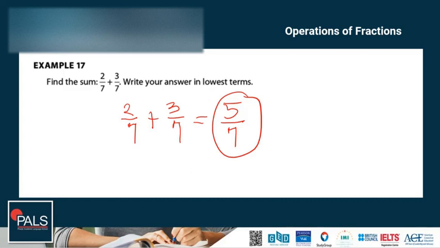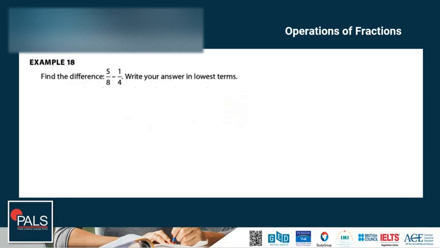Let's try another example. Find the difference of 5 over 8 minus 1 over 4. Write your answer in lowest terms. Find the difference means minus, so we need to subtract. But as you look at the fractions, the denominators are not the same.